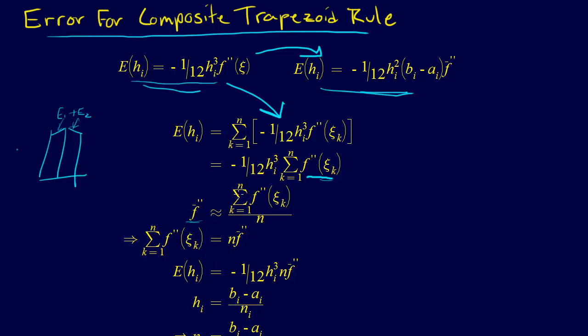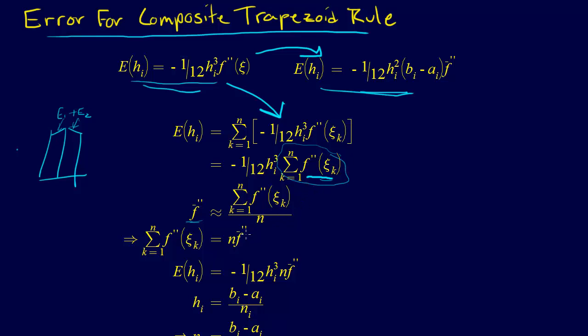That's approximately equal to the sum of all the second derivatives evaluated at each point, divided by n. We have this sum of f double prime c_k in our equation here.